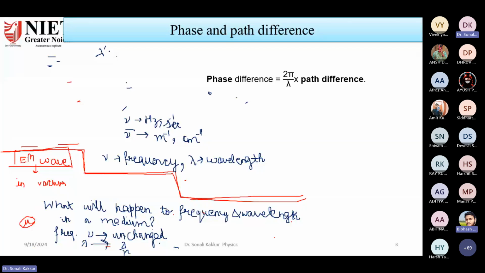Lambda prime is equal to lambda by n, whereas nu prime is equal to nu.